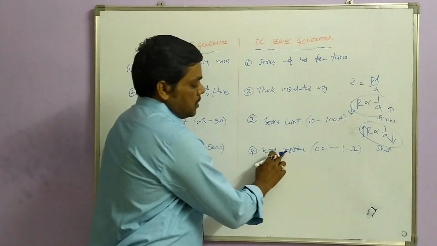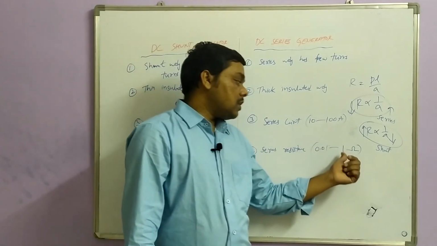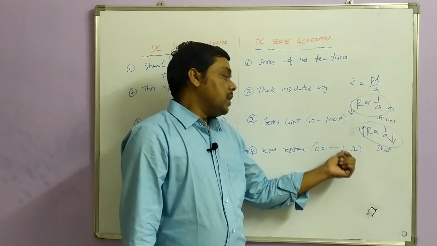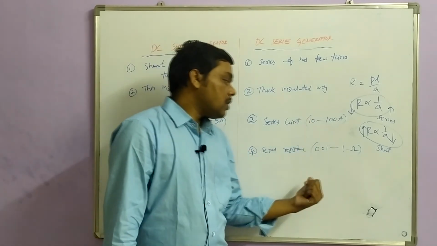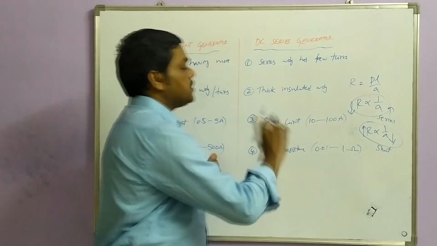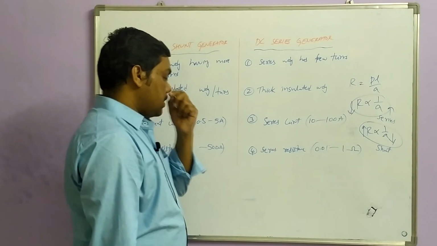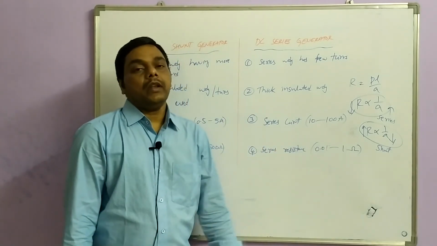See, the series resistance is very less, almost less than 1 ohm and less than 0.05 ohms, and it is less than the armature resistance, but the current carried by the series generator is very high, so the resistance is very less.